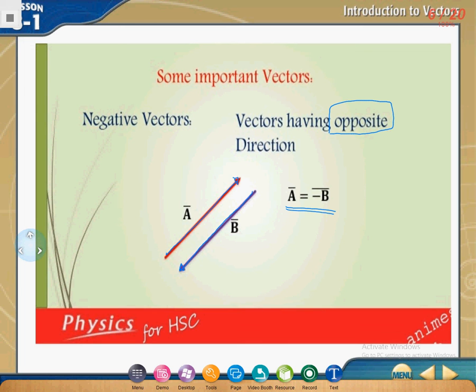But they are equal in length, in magnitude. They are equal, but in different directions. This is not the value of the function. This negative means the direction is opposite. This is so important, okay? So this negative is for the sign, not for the length.